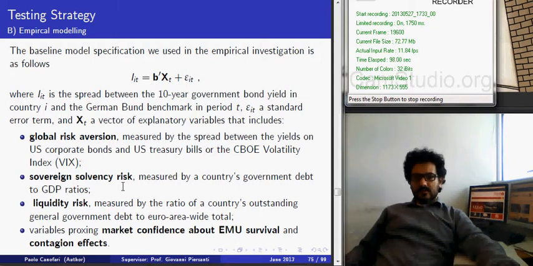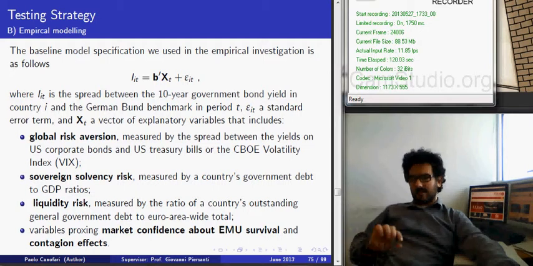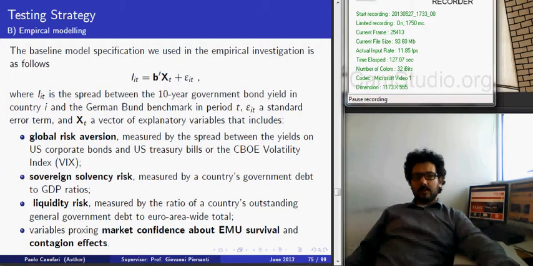As solvency risk, we have used both the debt or deficit to GDP ratio, but also the de facto fiscal space, which is a measure of a ratio between the government debt and the total tax revenue, averaged over the last 5 years in our paper.